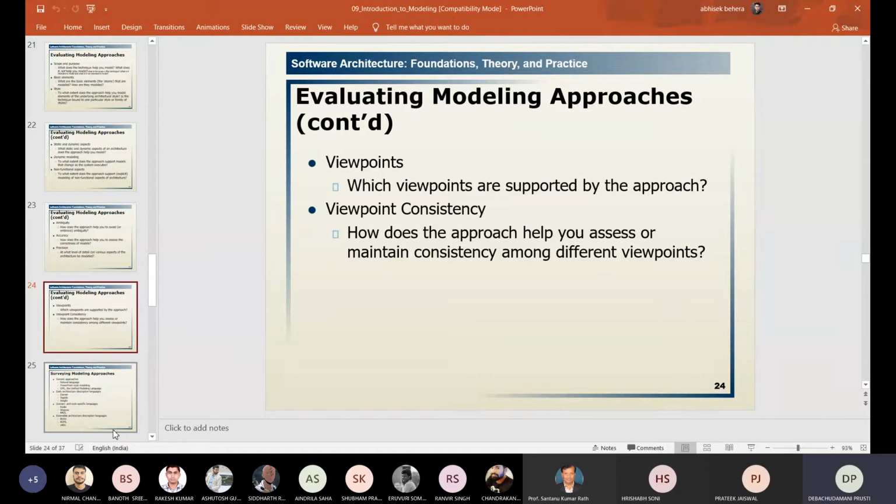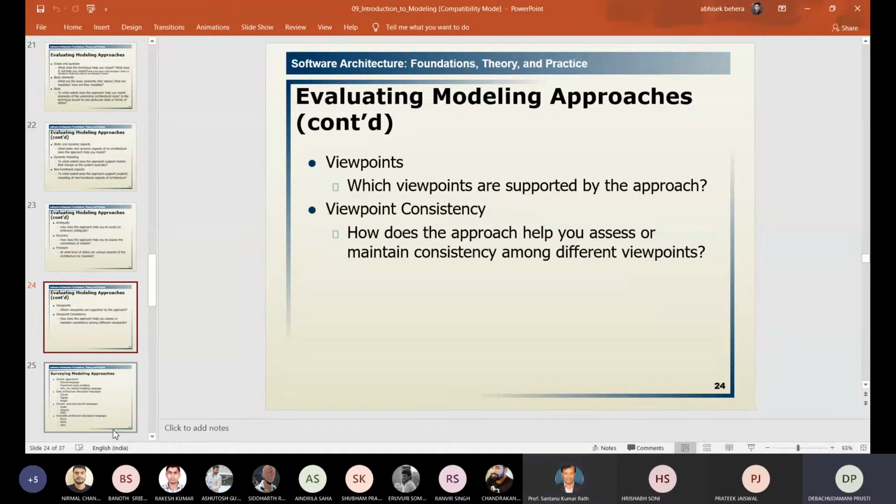Then the viewpoint consistency. If you are coordinating viewpoints, and they are consistent or inconsistent, you have to evaluate it again. How does the approach help you to assess and maintain the consistency among the different viewpoints? That is the important one.